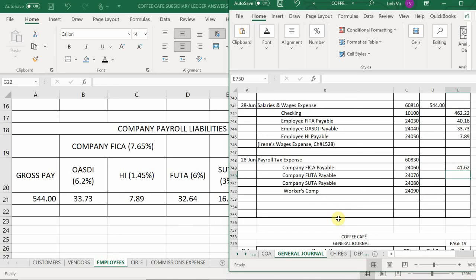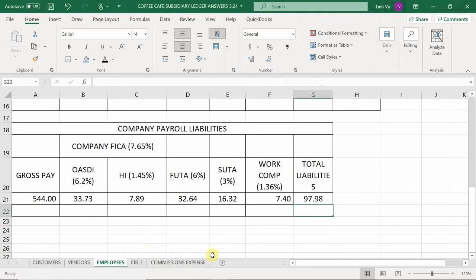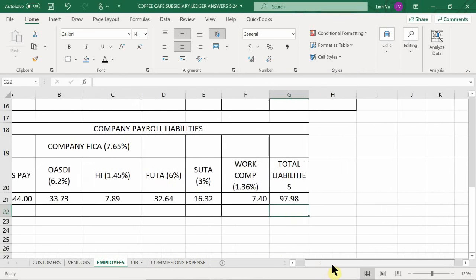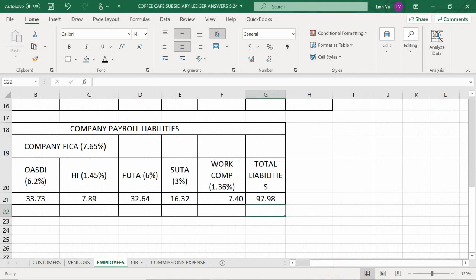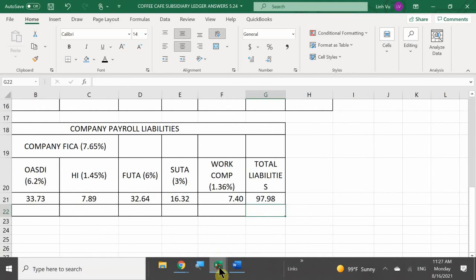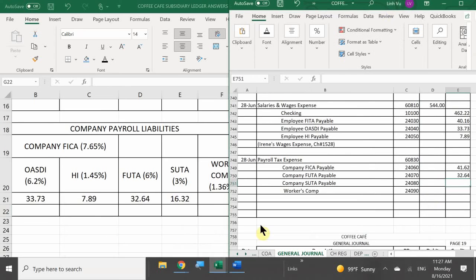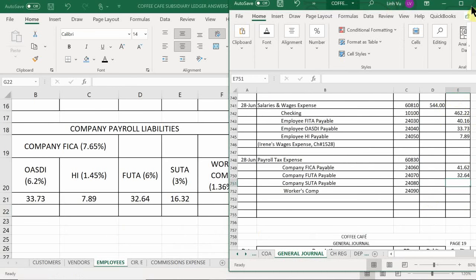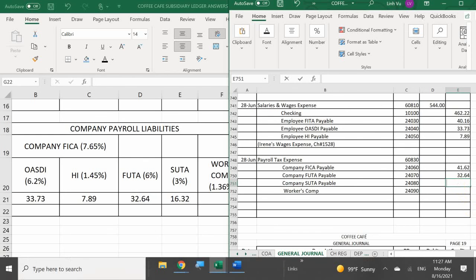How much was the company FUTA? $32.64. How much was the SUTA? $16.32. What is workers' compensation? Workers' comp is $7.40.